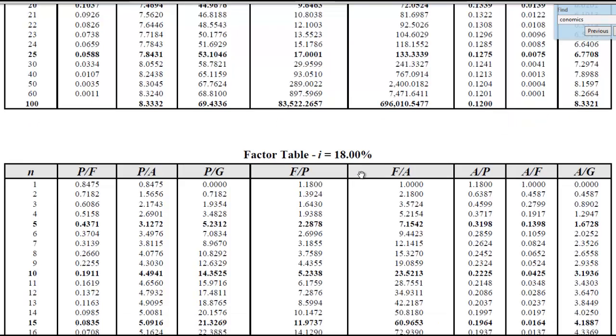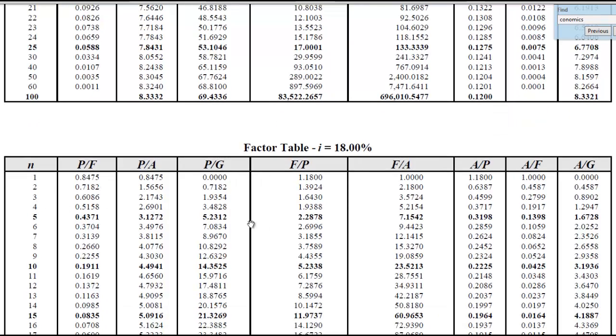For I 18%, 4 years, A/P is 0.37, so it's increasing, right? 0.32 to 0.37. So it's somewhere in between 32 and 37. It's not 32, it's not 37, but 15%, the rate we're dealing with, is in between 12% and 18%. So it's somewhere around there, and it's increasing. So it could be 33, 34, 35.